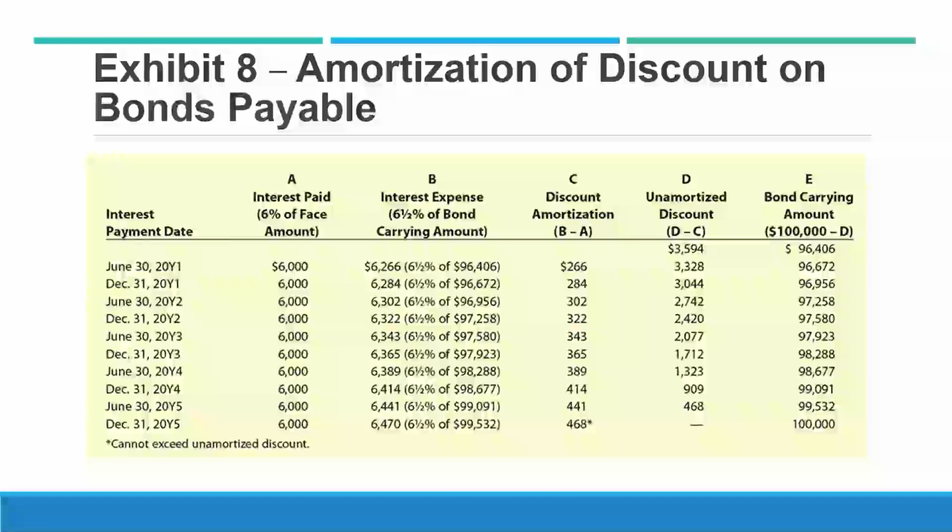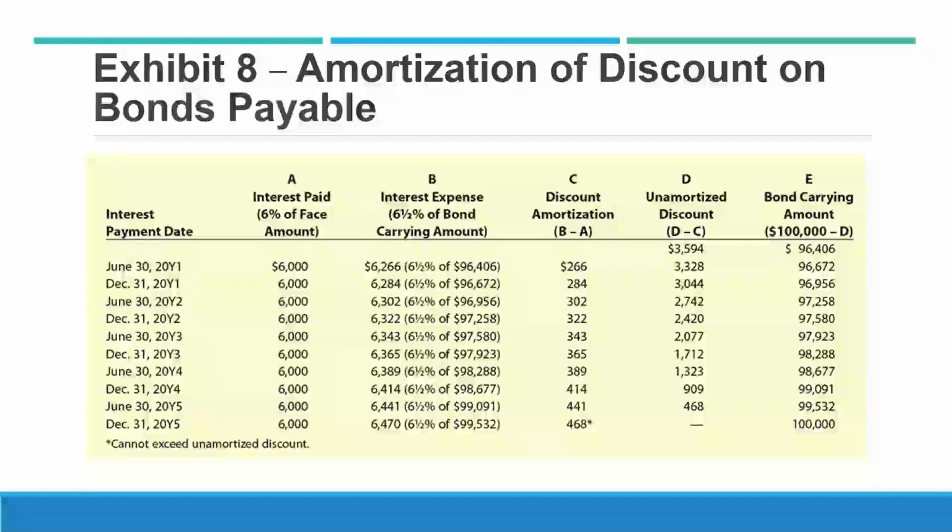And the new carrying value is so then we take 3,594 minus 266, which is the new unamortized discount. And then we get a new carrying value. And for bonds issued at a discount, their carrying value will slowly rise to the face amount over the life of the bond.